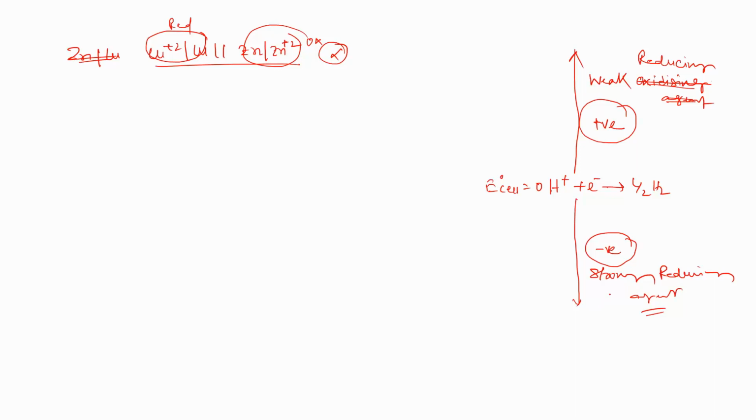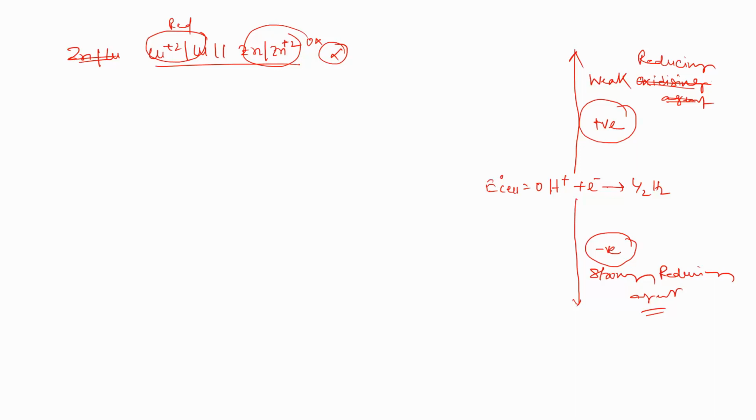Here we have taken the hydrogen cell as the standard, at all temperatures and at unit concentration, so the E0 cell of hydrogen is equal to 0. According to this standard cell, the reduction potentials of the other half cells are decided.